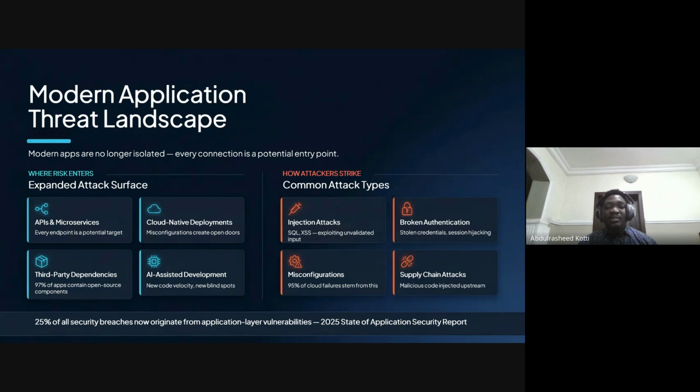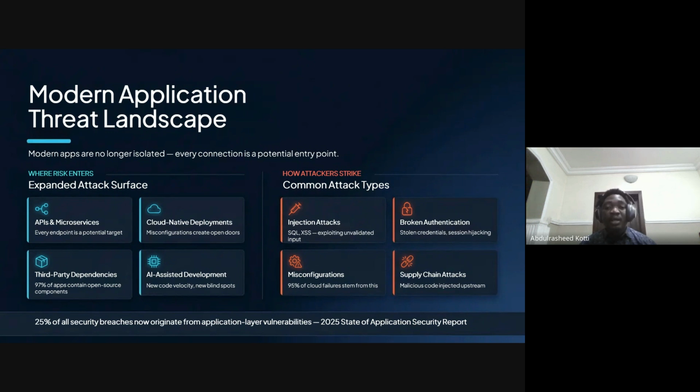To understand security, we must first understand how modern apps are built. In the past, apps were simple. They ran on one server and had limited features. Today, apps are built in a more complex way.